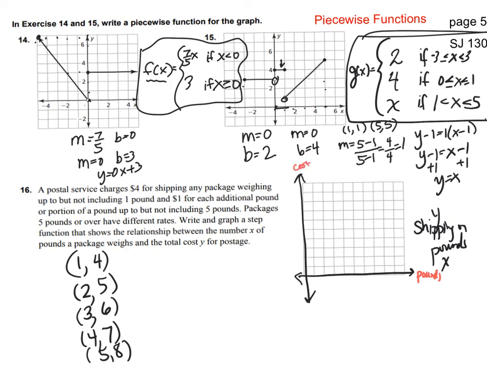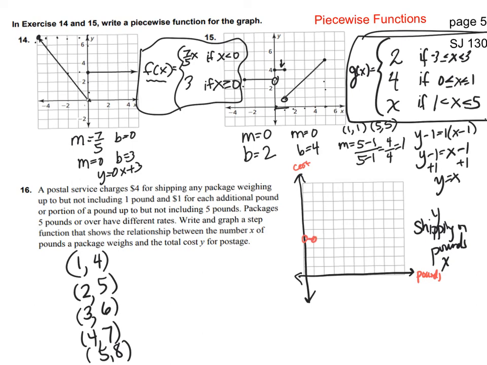So it's going to cost $4 from 0 pounds up to 1 pound. Oh, hold on. Up to but not including 1 pound. So not including means it should be open. Up to but not including 1 pound.